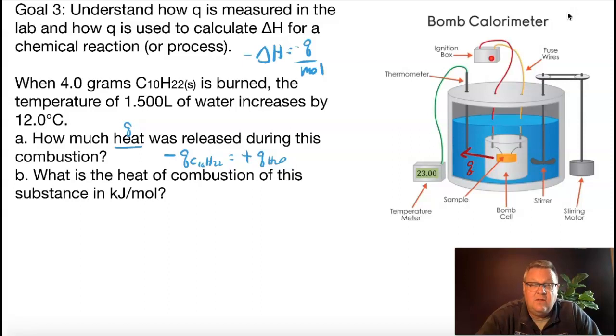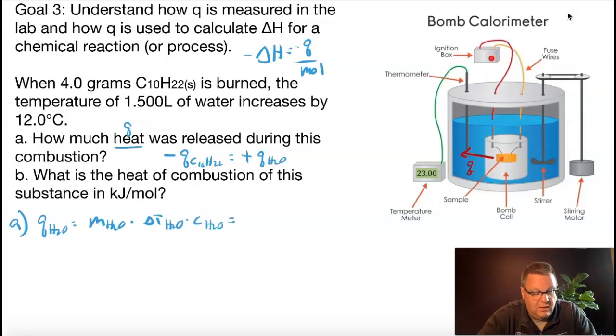And I can calculate Q water, okay? So for my calculations for A, Q water is equal to the mass of the water, delta T of the water, specific heat of the water. Well, that's 1,500 milliliters, right?